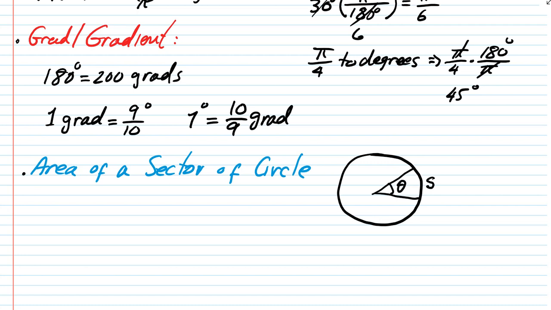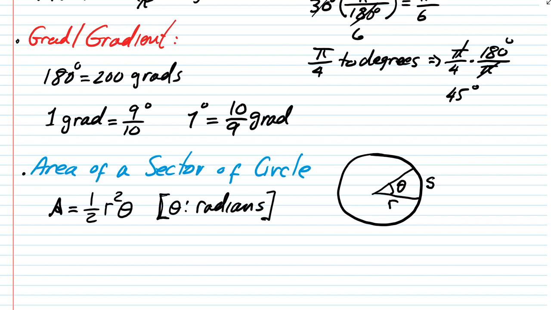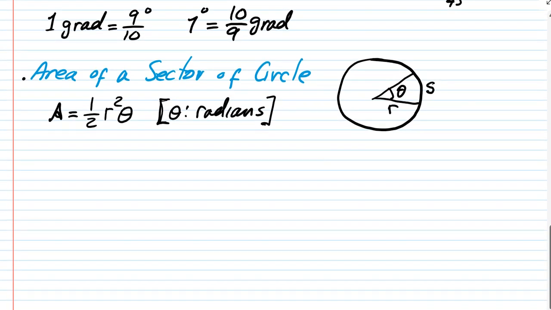The measure of central angle is theta, and the radius is r. Now, the formula for the area of a sector is going to be 1/2 r squared theta. And remember, theta must be in radians, because anytime your measures are real numbers, then you have to use radian measures for the angle.